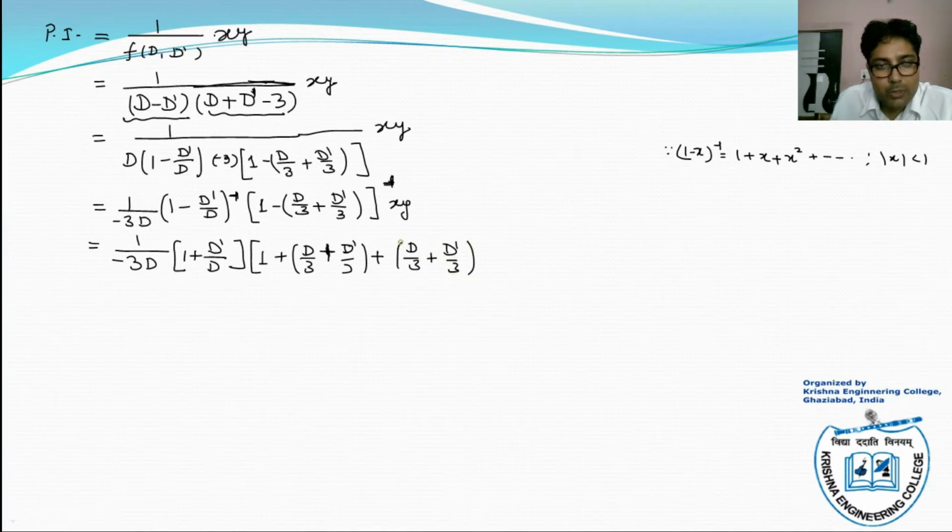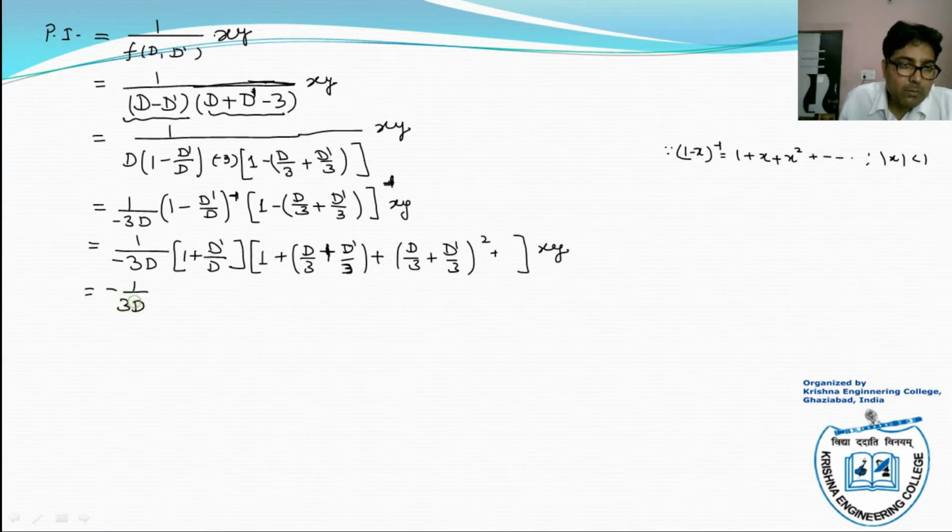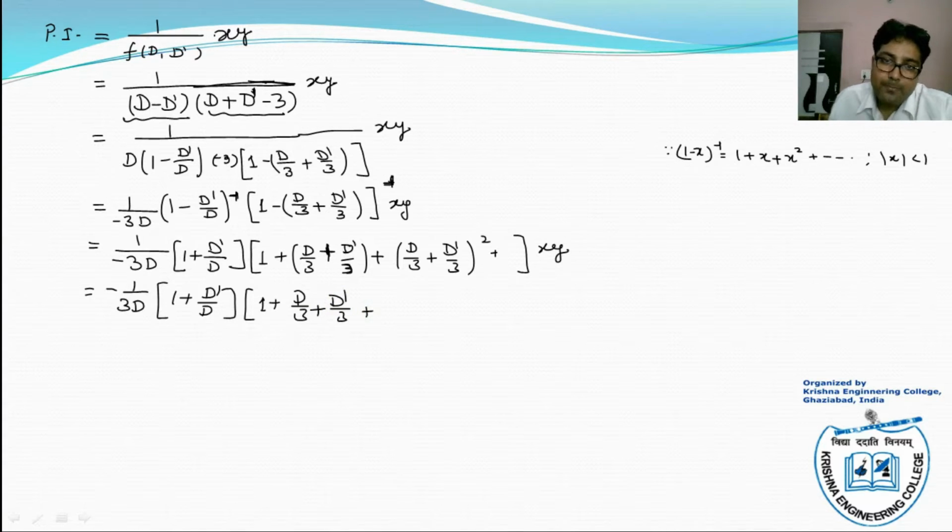So DD dash comes out from this factor. So we take this factor. Clear? xy. 3D as it is, the 1 upon D dash upon D is as it is. And now we open this 1 plus D by 3 plus D dash by 3 and square this.